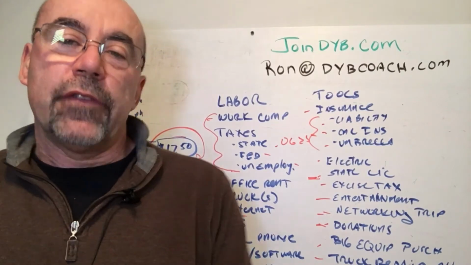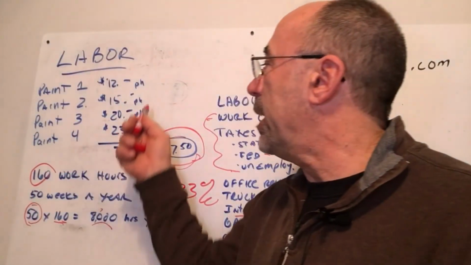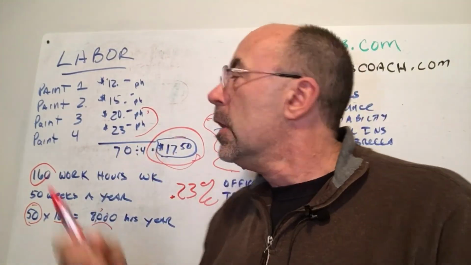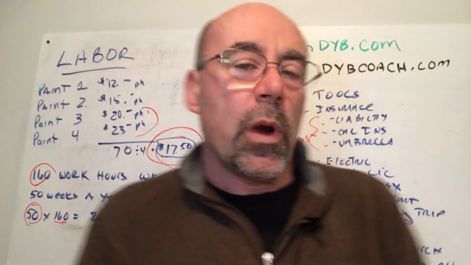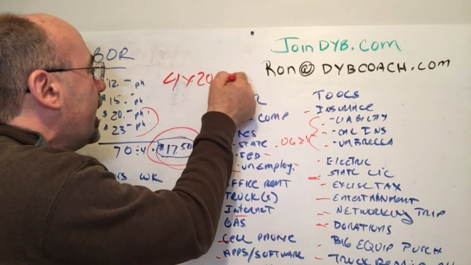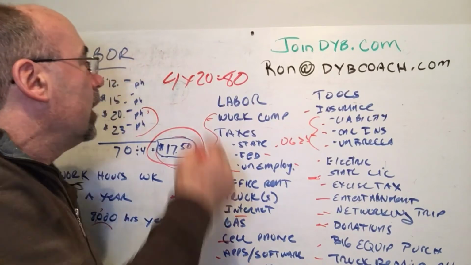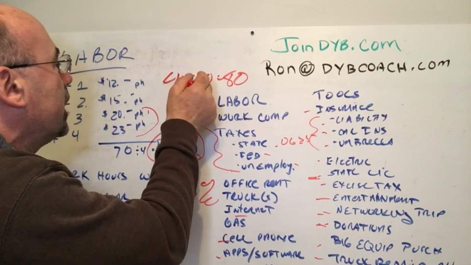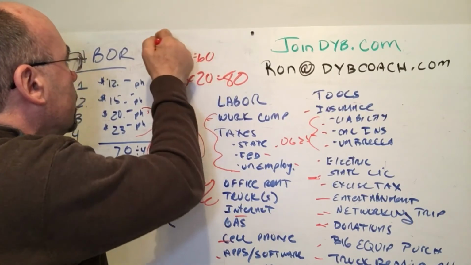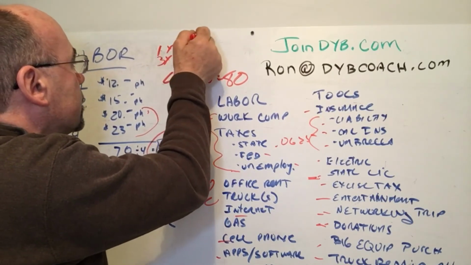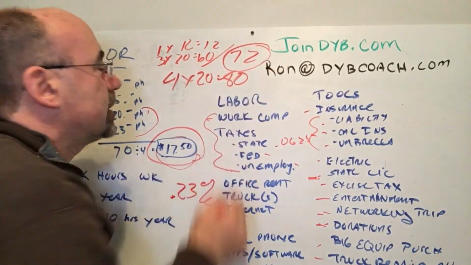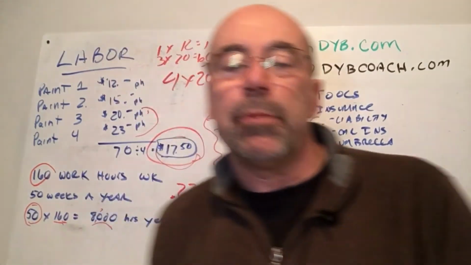If you have a bunch of very experienced workers, maybe you're more in the $23 an hour range. So if you had 4 guys at $20 an hour, you have $80 an hour. If you had 3 guys at $20, that's $60, and then 1 at $12 because he's a prep guy, you now have a burden of $72 for all 4 guys being on.